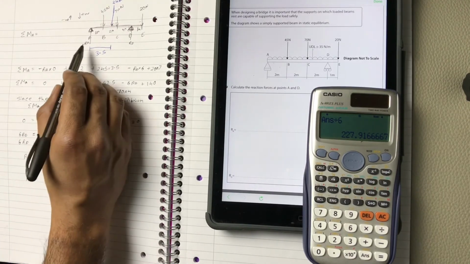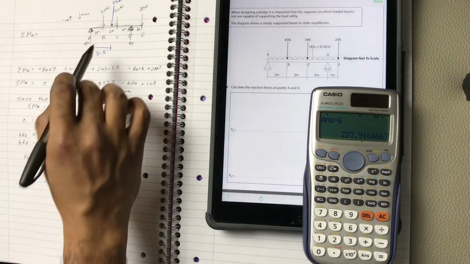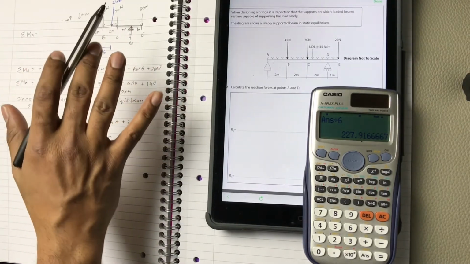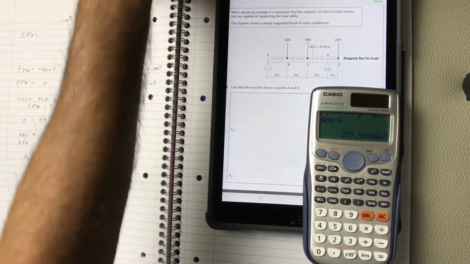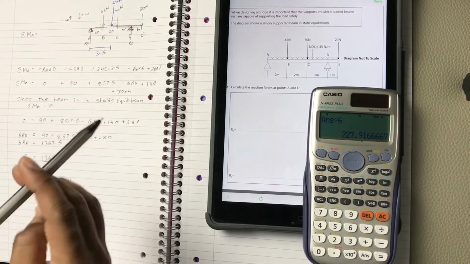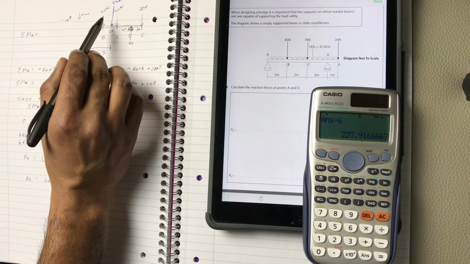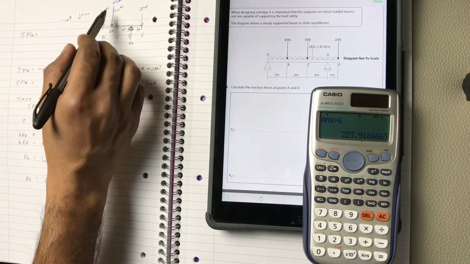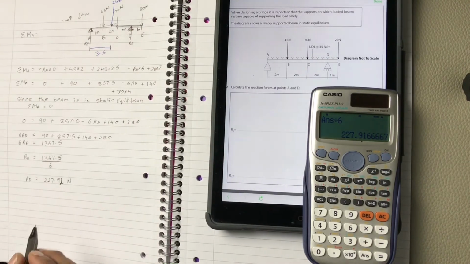Now we can find the value of RA. And how do you do that? Because this entire system of forces is in equilibrium, all the forces acting downwards will be equal to all the forces acting upwards. Now the net forces acting downwards are 45, 245, 70 and 20.